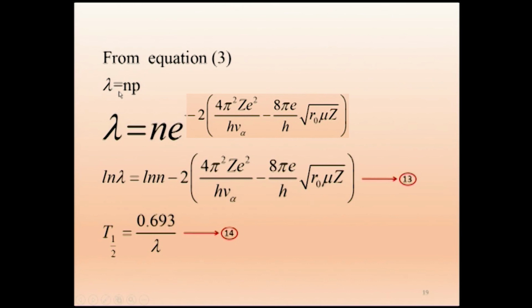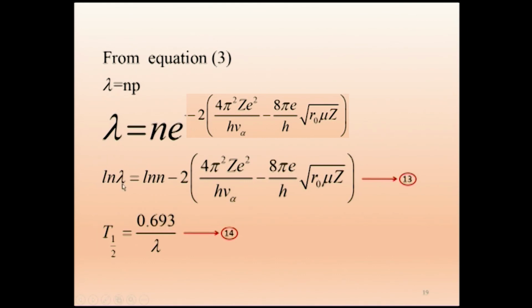From the definition of decay constant, probability per second, lambda equals N P. So, we just substitute lambda equal to N times this expression for P. Because it is exponential, we are taking natural logarithm on both sides.